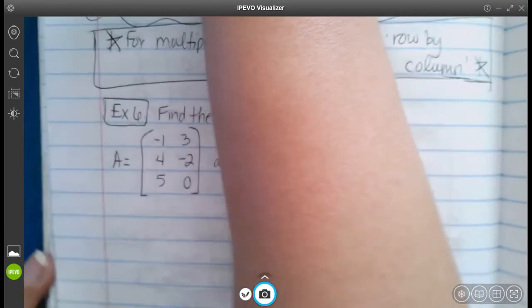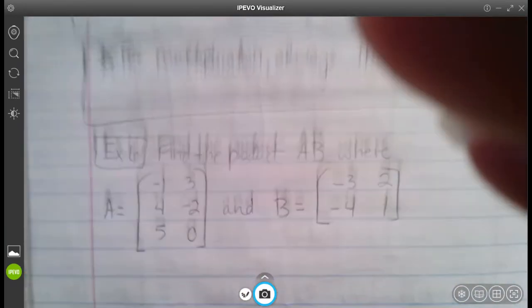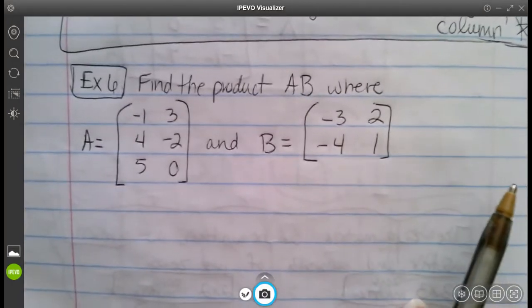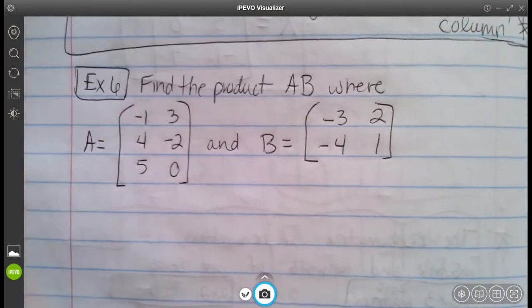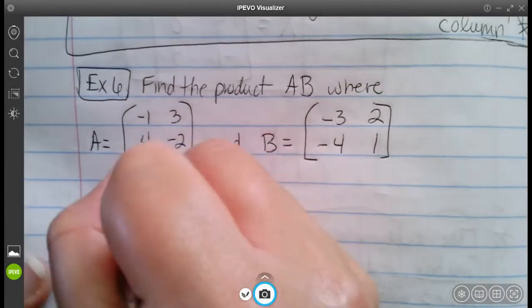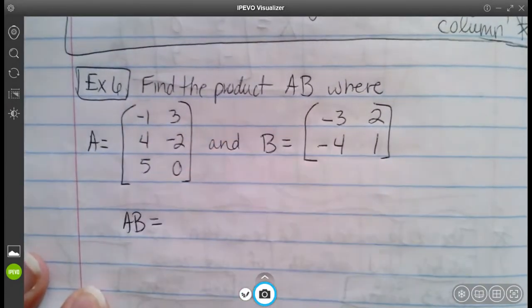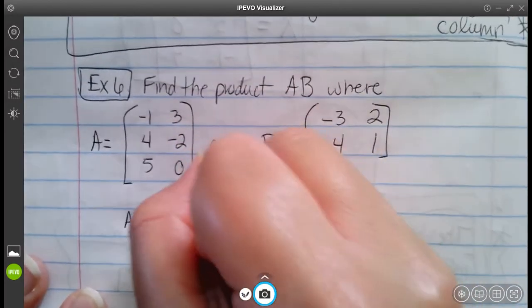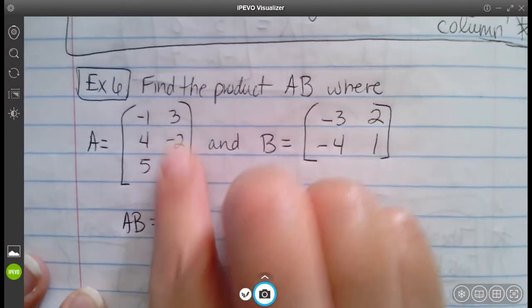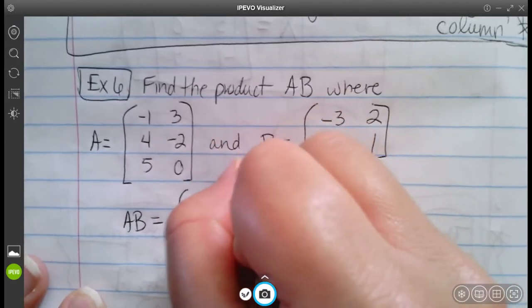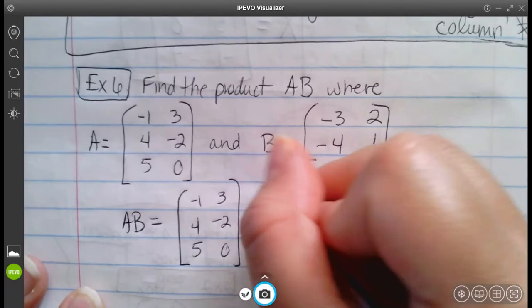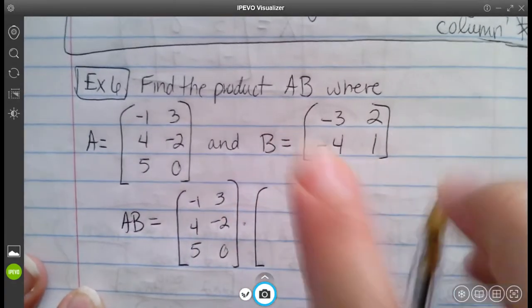Okay, so here we go. Here we're going to do a simple example and show how this kind of works. If we are multiplying A times B, the first thing I'm going to do is go ahead and write that out for us. So AB is going to be all of this. Negative 1, 4, 5, that's the first column, 3, negative 2, 0, times my B matrix.